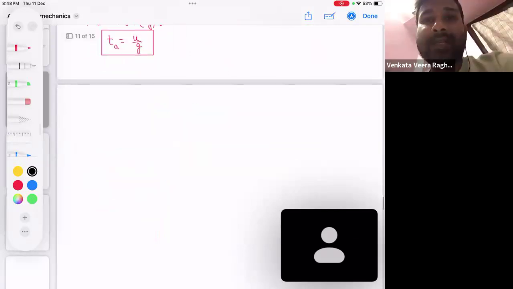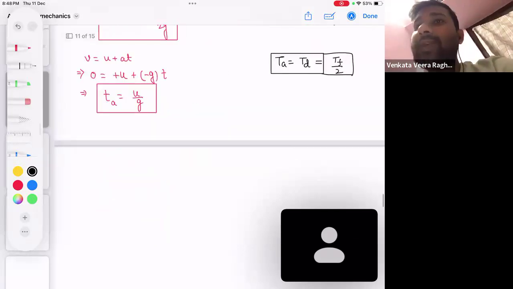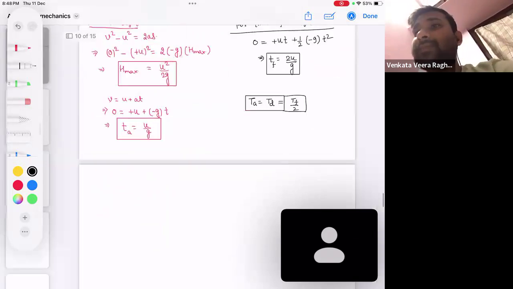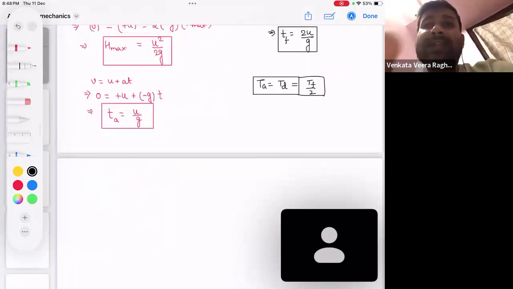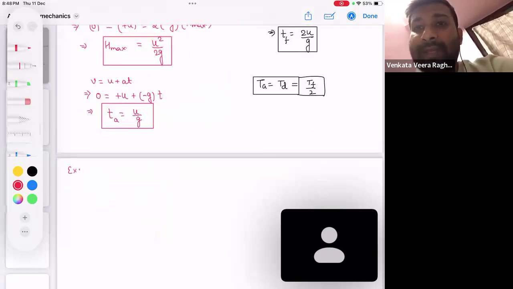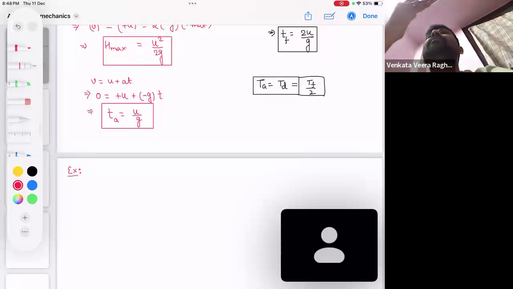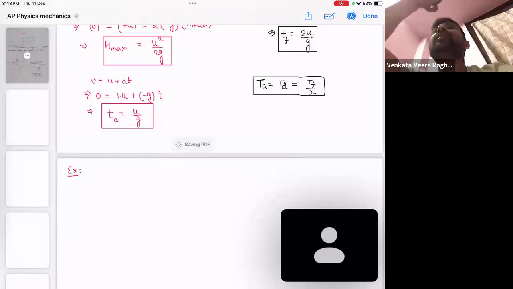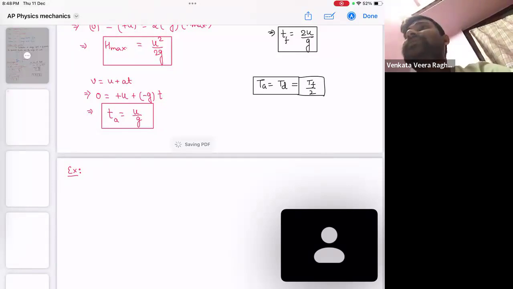Now, let's start with an example. This is the formula for ground to ground. Ground to ground means what? Whatever height we have projected from, it again comes back to the same height. But that won't always be the case. Sometimes we will project from some height, some tower height, and then it will go up some height and then fall back finally to the ground.